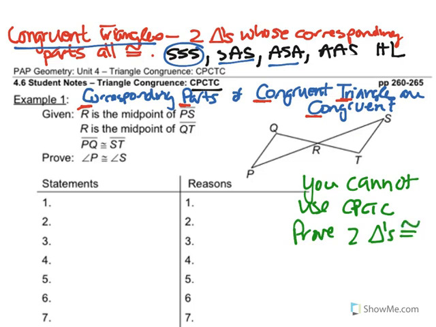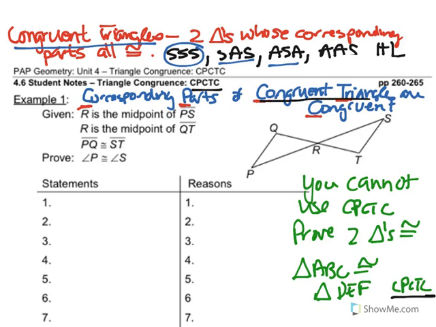If you're working out a proof and you get to the last part and you say triangle ABC is congruent to triangle DEF, and you put as your reason CPCTC, that doesn't make sense, because CPCTC is for triangles that we have already proven are congruent, okay?